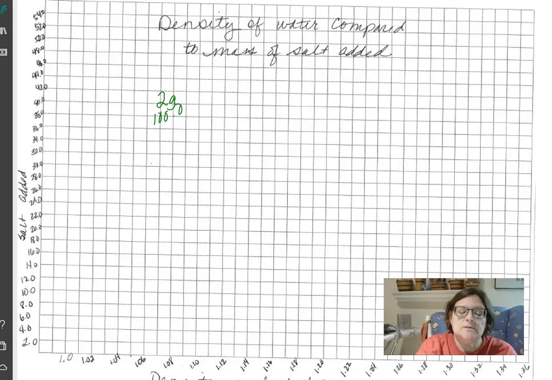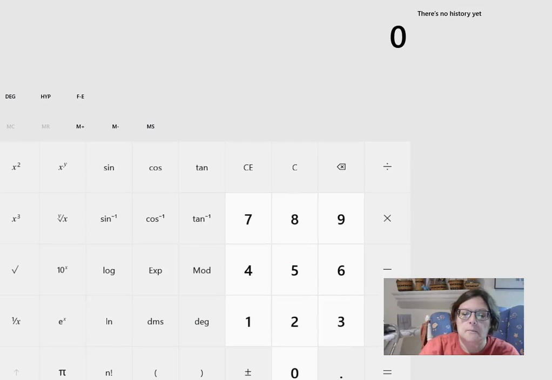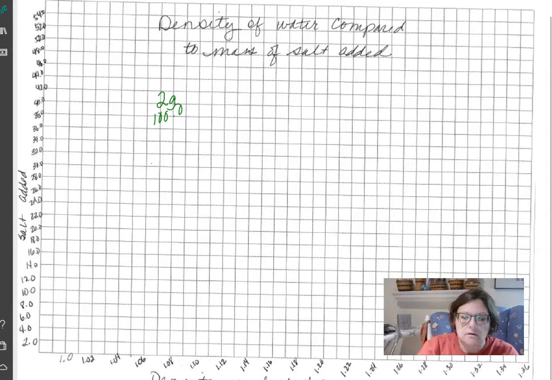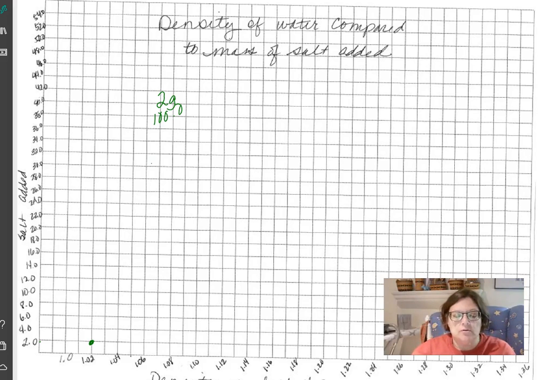So the mass of the salt water was 102 grams. 102 grams divided by the volume, which was 100, is 1.02 as our density.